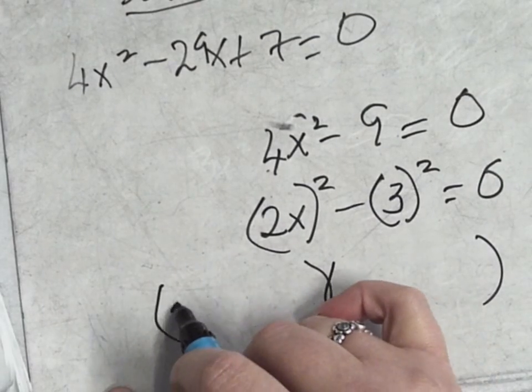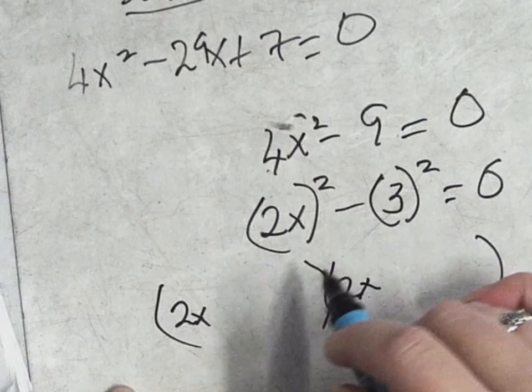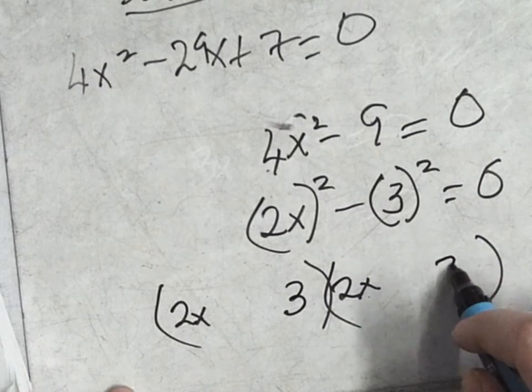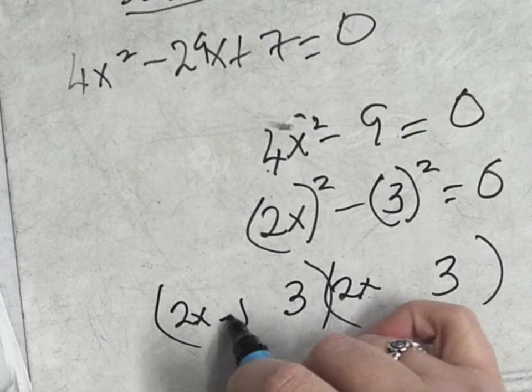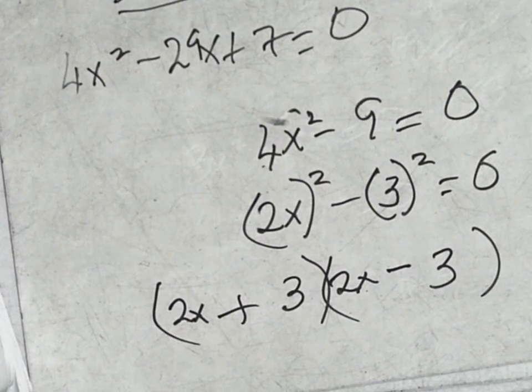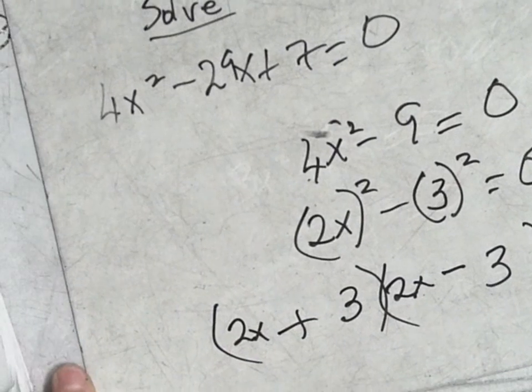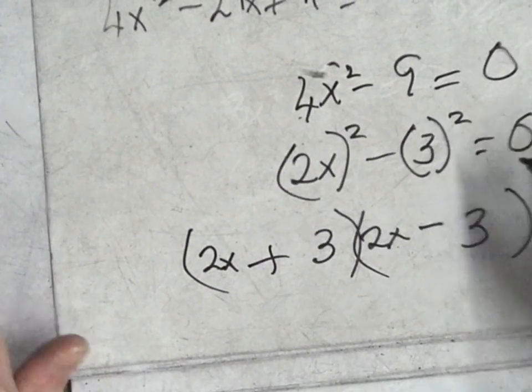It's 2x here and 2x here, 3 here and 3 here. And what's the last step? A plus and a minus. Is that it? No, it says solve. If it said factorize, you're done. But if it says solve, you let each bracket equal to 0.